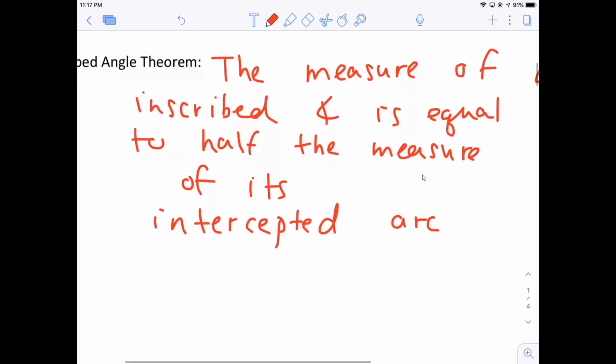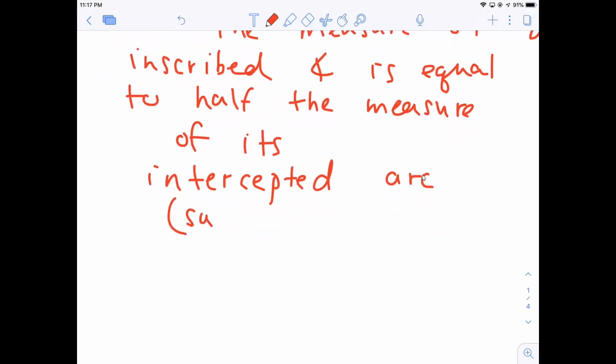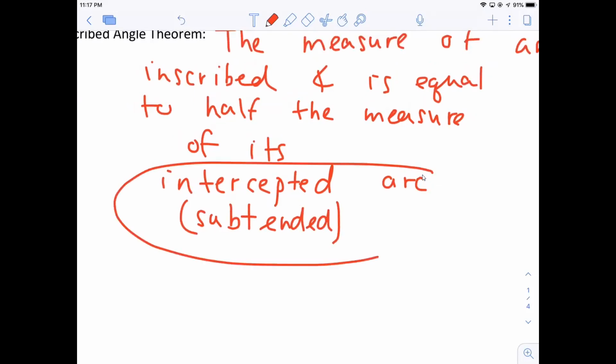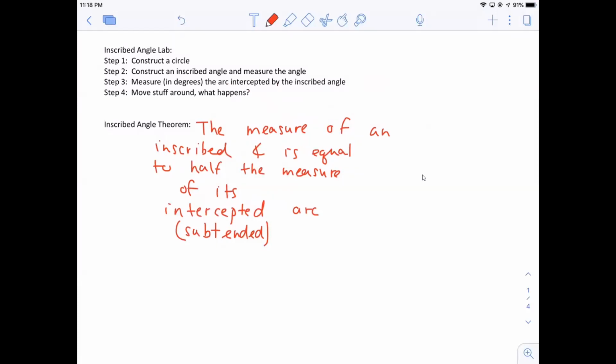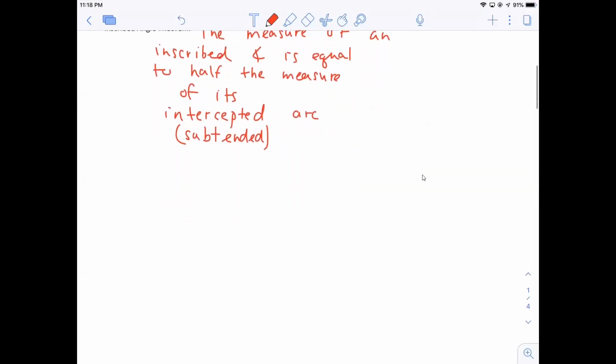Another word for intercepted, you'll see the word subtended. Subtended arc. And this really just means the arc that's formed by this inscribed angle. It's just some fancy vocab, but that's all it means. All right.